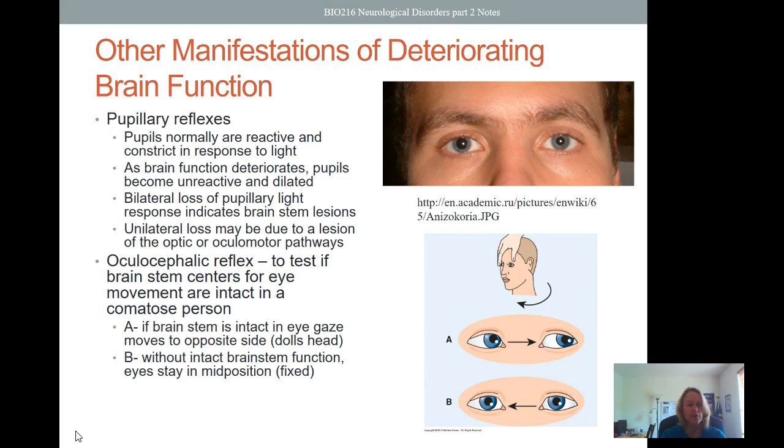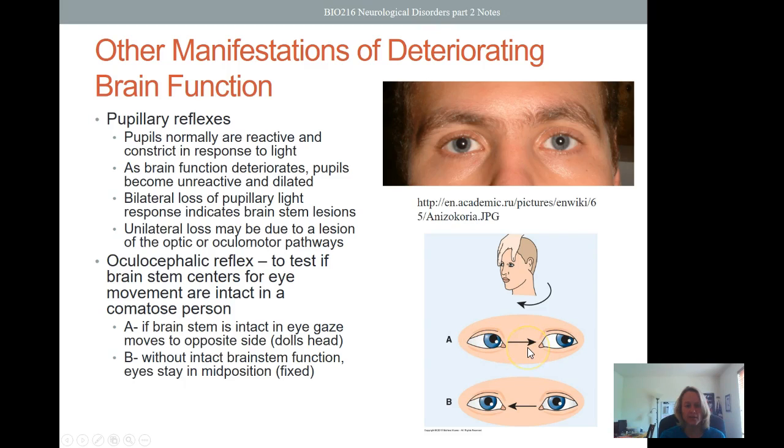The oculocephalic reflex is a test to see if the brain's stem centers for eye movement are intact in a comatose person, and this is illustrated right here. So if you take somebody's head that's comatose and turn it, if the brainstem is intact, the eye gaze moves in the opposite direction, like a doll's head.